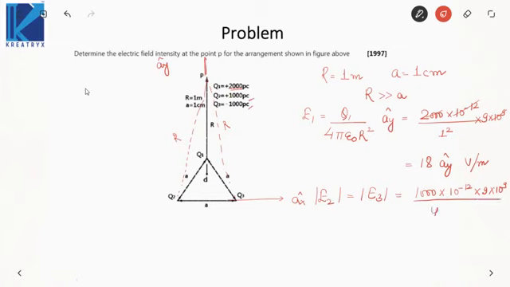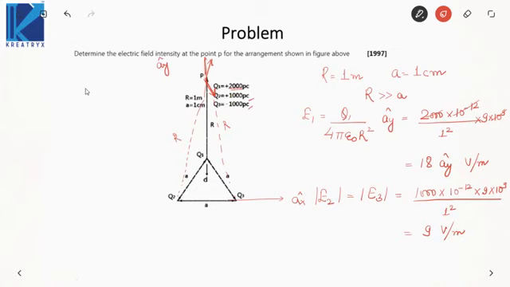Distance I am assuming as R. Sorry, 4 pi epsilon naught I have already counted. So 1 square. So it will be 9 volt per meter. But that is only the magnitude. What I also want is the direction. Q2 is a positive charge, so direction will be away. Q3 is a negative charge, so direction will be towards.